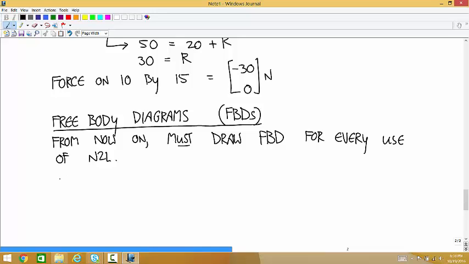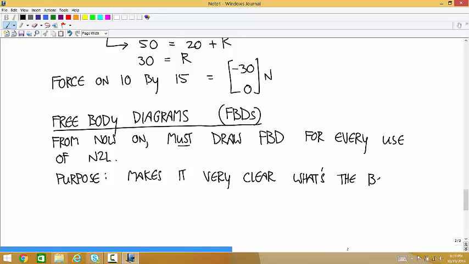The purpose of a free body diagram is to make it very clear what the boundary of your chosen object is, and what forces are acting on the chosen object.